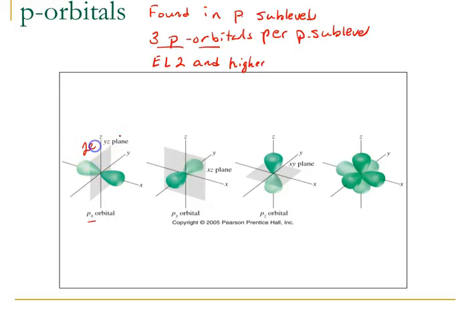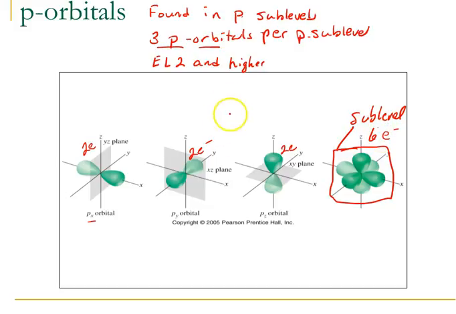So this can hold 2, this can hold 2, and this can hold 2. So when we look at the total p sublevel, this would represent the sublevel, and we've got 2 in each dimension. That's up to 6 electrons that we can hold, or 2 times the number of orbitals, because each orbital, we've got 3 of them, each one of them can hold up to 2. 2 times 3 is 6.